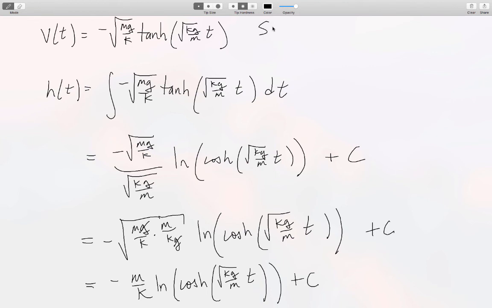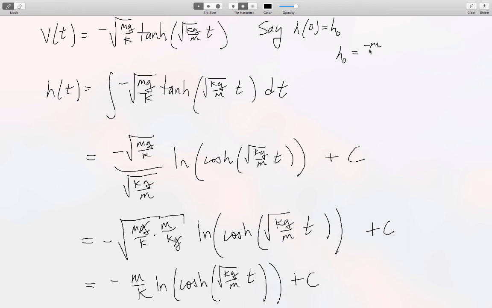Now, the last piece would be, what about the constant? Let's say that height at time 0 is this constant initial height. So if you plug in 0, you have to get the height is h of 0. So h of 0 is the result of plugging 0 into this right-hand side.